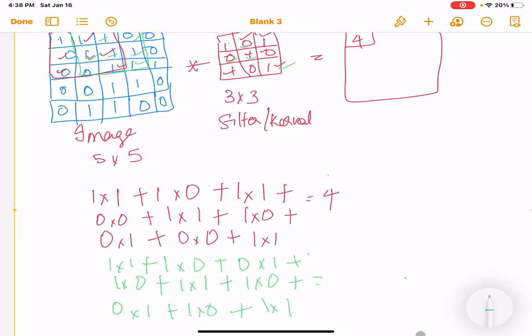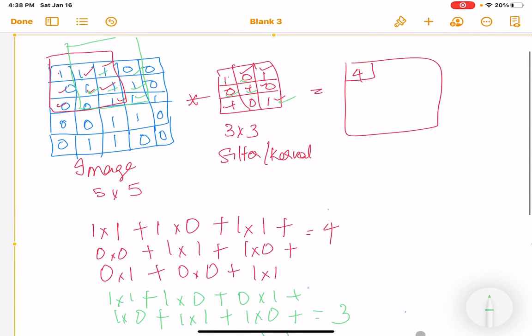And this would give me a value 3. So I have my 3 here.